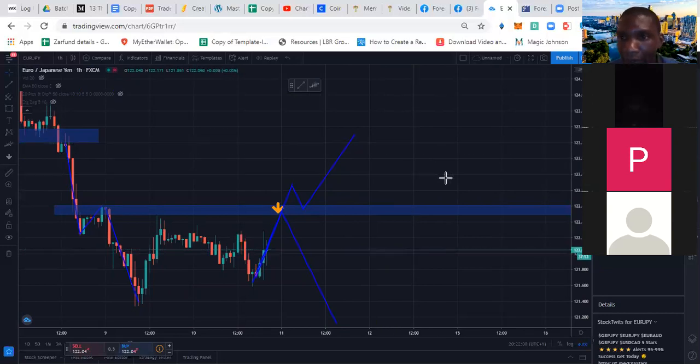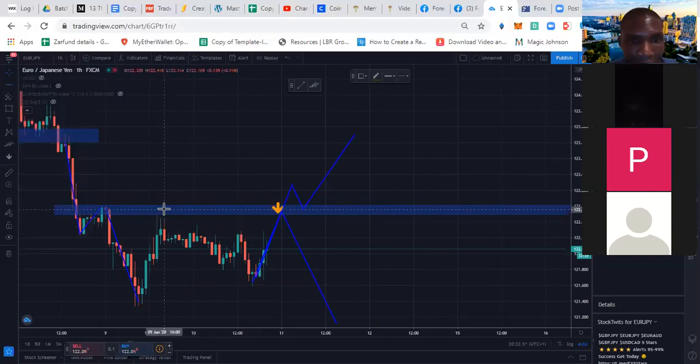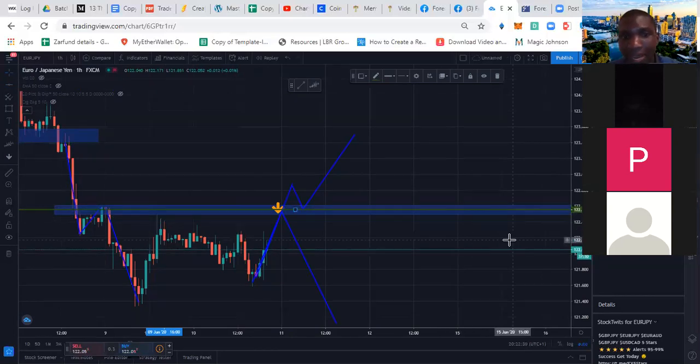So let's look at this. What we are looking at here now is this point, 122.54. This is the price we are looking at now.